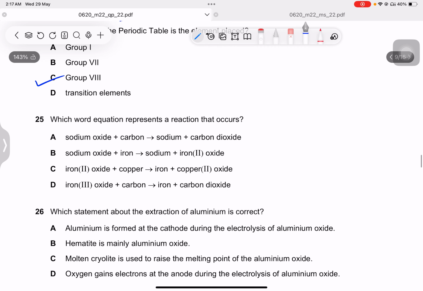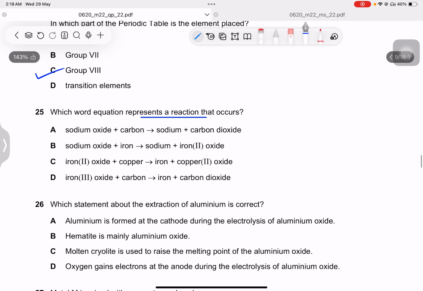Next, which word equation represents a reaction that occurs? Now you have to keep in mind what you have studied, because that will confirm the correct answer. The carbon does not displace sodium. The iron does not displace sodium because sodium is at the top of the reactivity series. The copper does not displace iron because copper is below iron in the reactivity series.